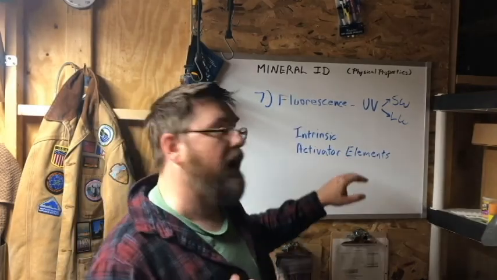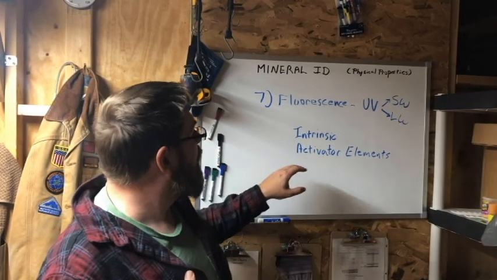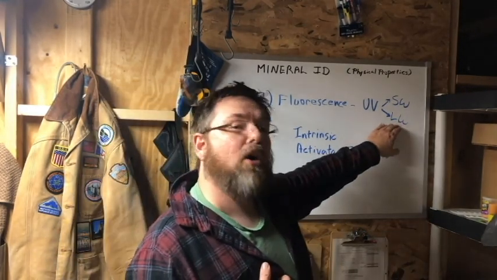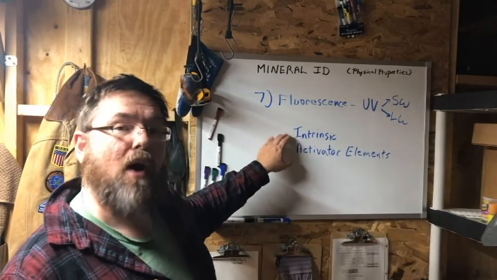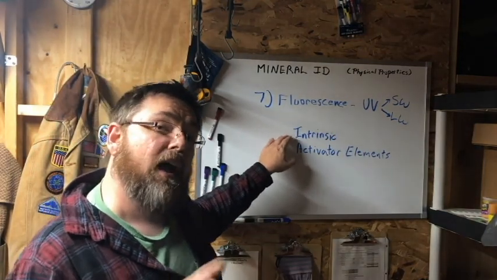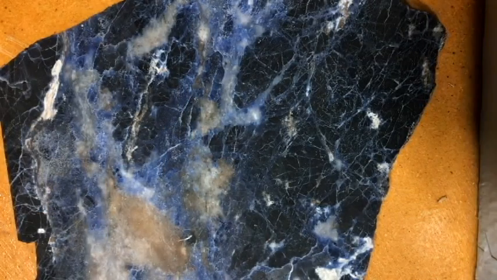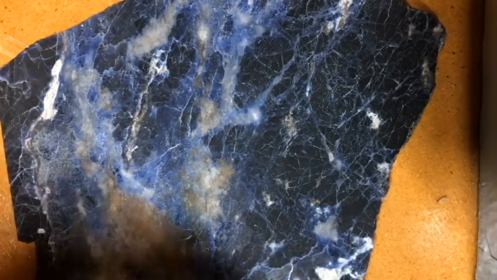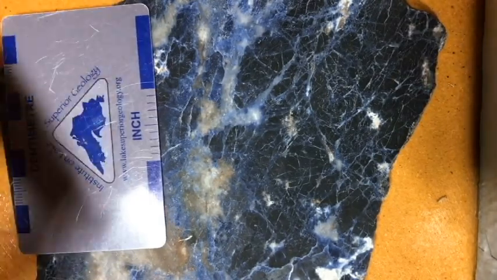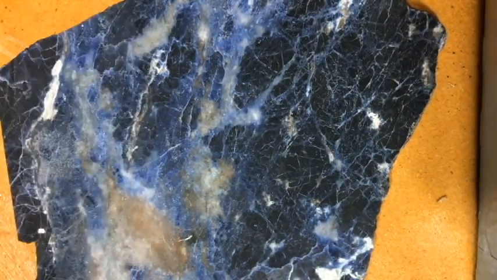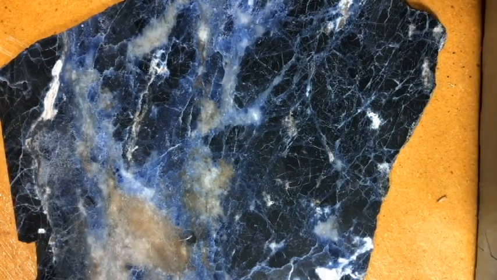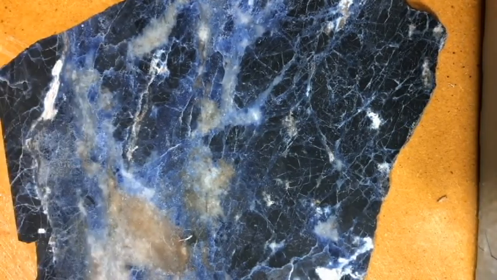Now I'm going to show you a mineral that will fluoresce in long wave, and it is an intrinsic property of that mineral. That mineral, which I've already mentioned, is called sodalite. Remember earlier when I showed you this piece of sodalite from South America, and how blue it is? I said it can also be white or slightly pink, but this is a pure blue version. So I've turned the light out, and now I'm hitting it with long wave ultraviolet light.